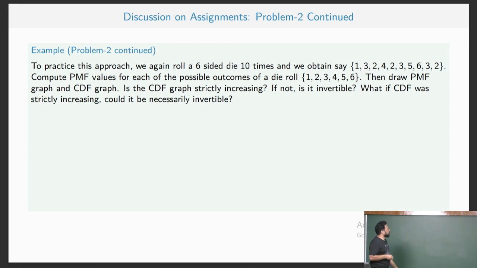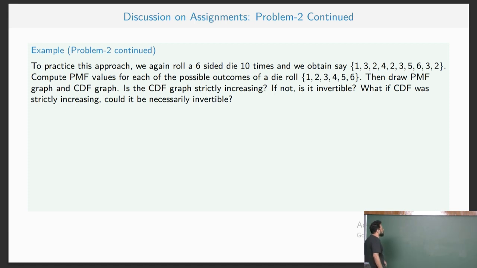And 2 occurred 3 times, so 3 over 10. These are the PMF values you have to plot. On the x-axis you only have the possible outcomes, which are unique, so 1, 2, 3, 4, 5, 6, and on the y-axis the probability values computed from the samples. Then you get the PMF and can plot it.